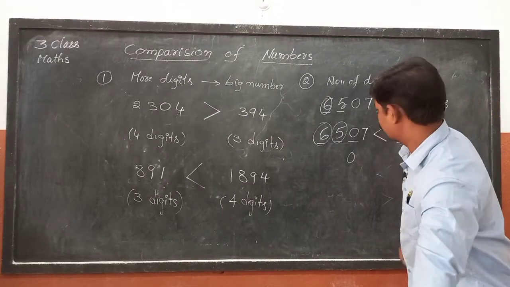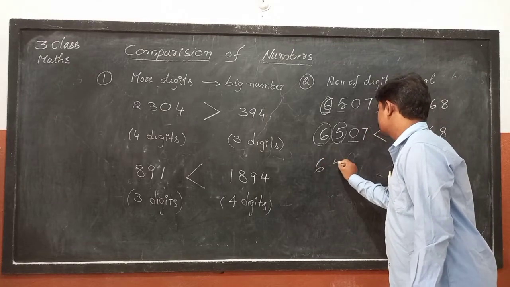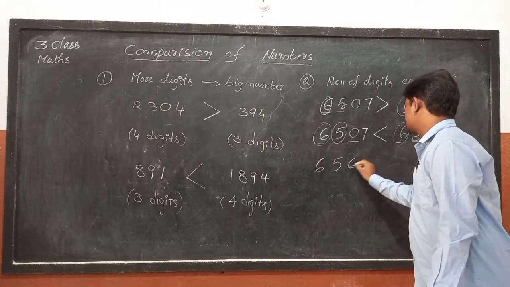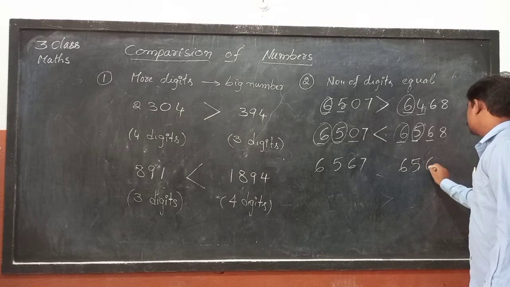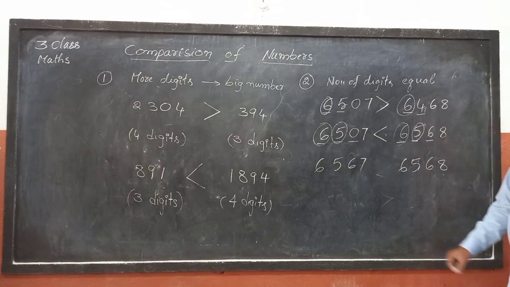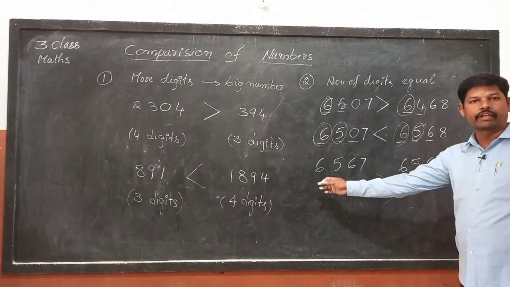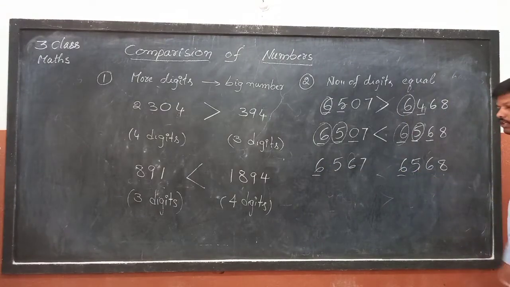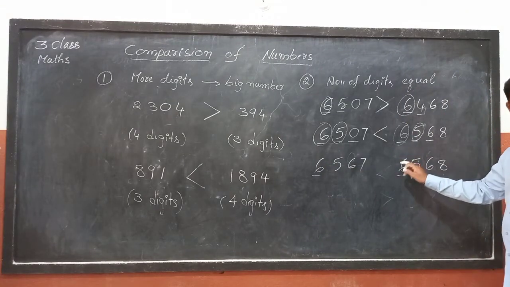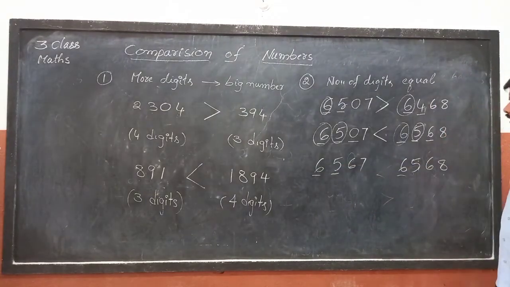So for example, observe this number 6, 5, 6, 7. This side 6, 5, 6, 8. Now compare the numbers. Which is big number? Which is small number? Let us compare first thousands place. Thousands place 6, 6 equal. Next hundreds place you have to observe.